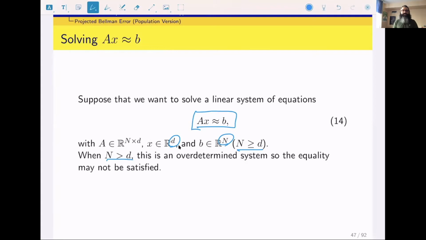Okay, let's make it a little bit more interactive. If you want to solve it, what are the ways you can solve it? Just give some random thoughts. Iterative methods?